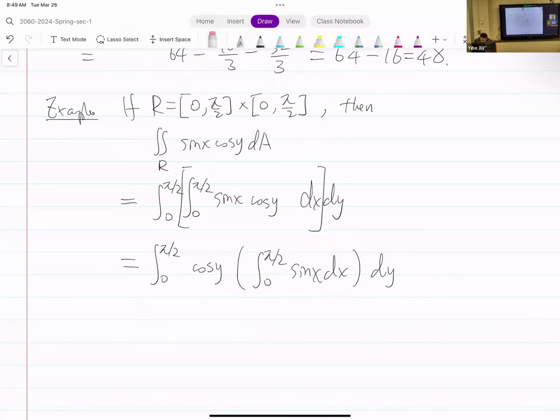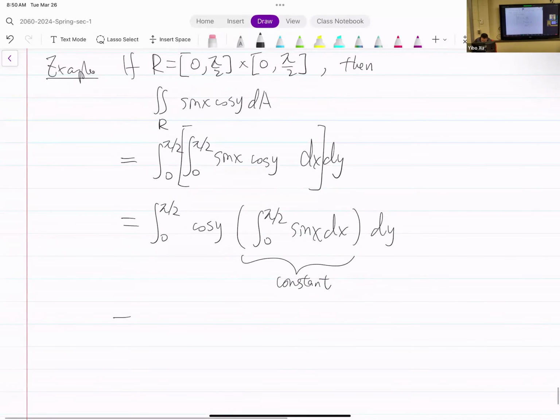Let me write it down. This is a constant, so this equals the integral of sine x, and then what remains is the integral only in terms of y.